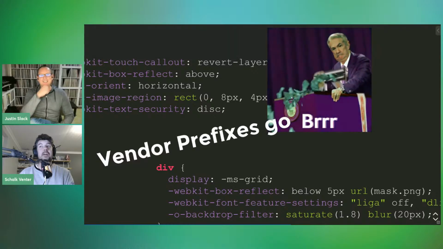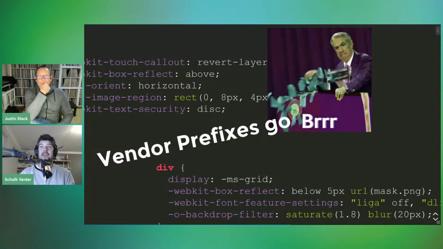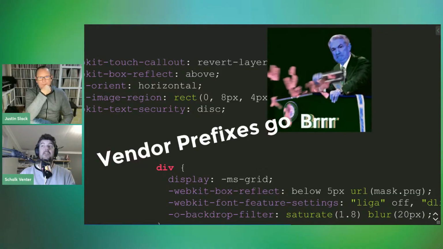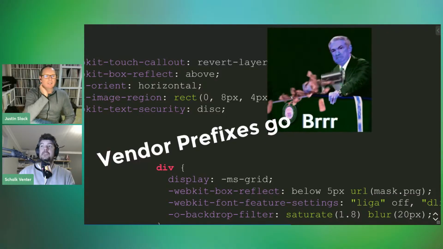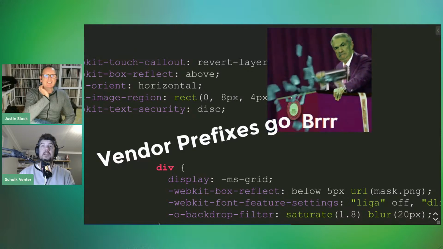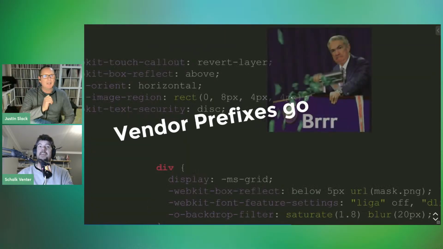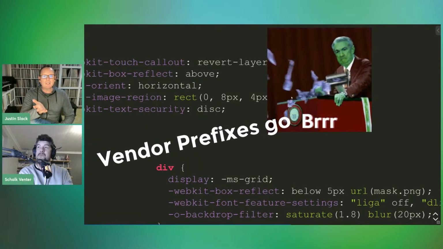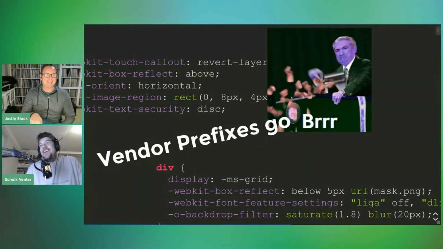And globally today, vendor prefixes are considered to be a bad thing, and are discouraged. Not to use them, but for browsers to actually use them as a means to experiment. If I can just say something else quickly, Schalk, on how ridiculous that got. Firefox used to have the Moz prefix. Yes. And eventually Firefox started supporting WebKit prefixes.